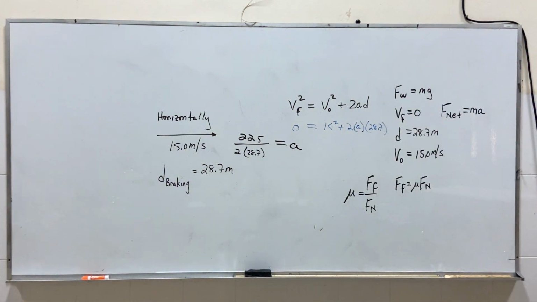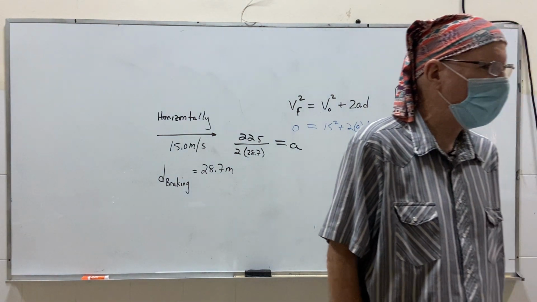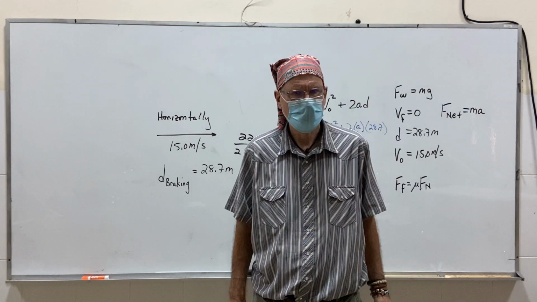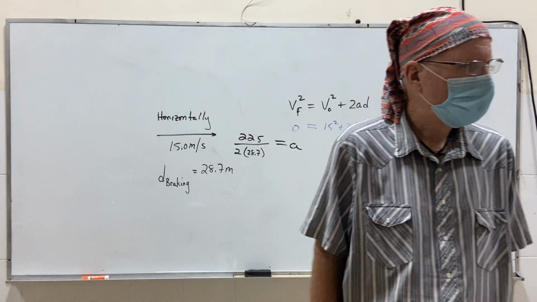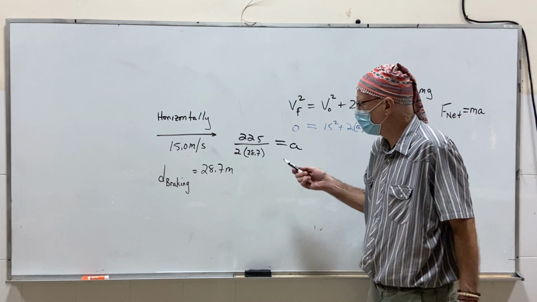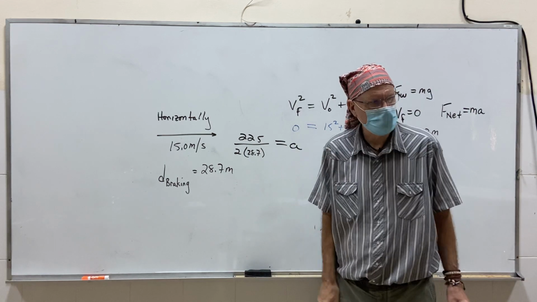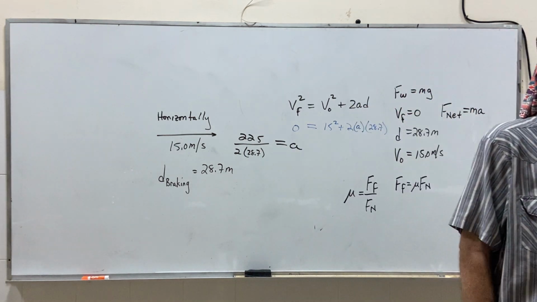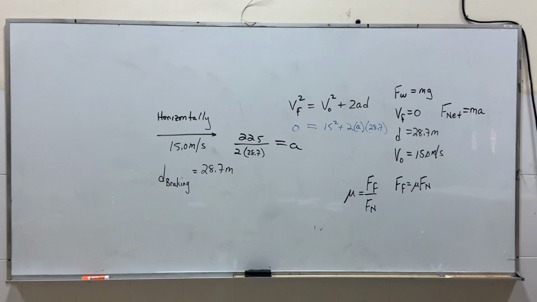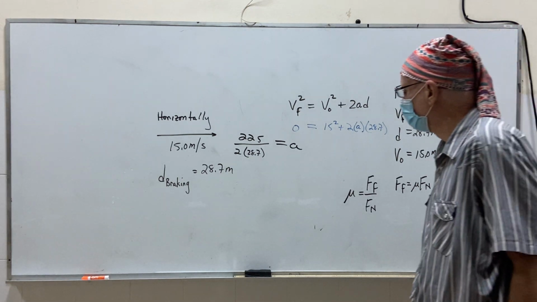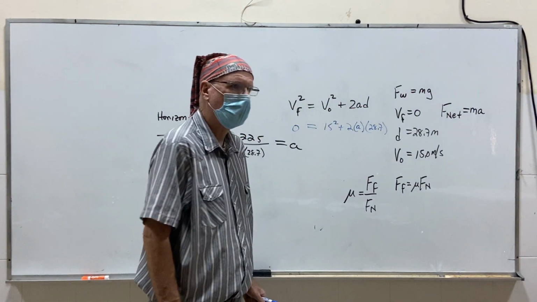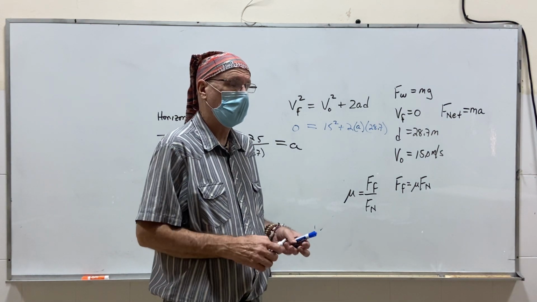Let me see what you got. No, that's not correct, because look what you did. You need parentheses. He did 225 divided by 2 times 28.7, and he didn't do it correctly. I'm being honest with you.